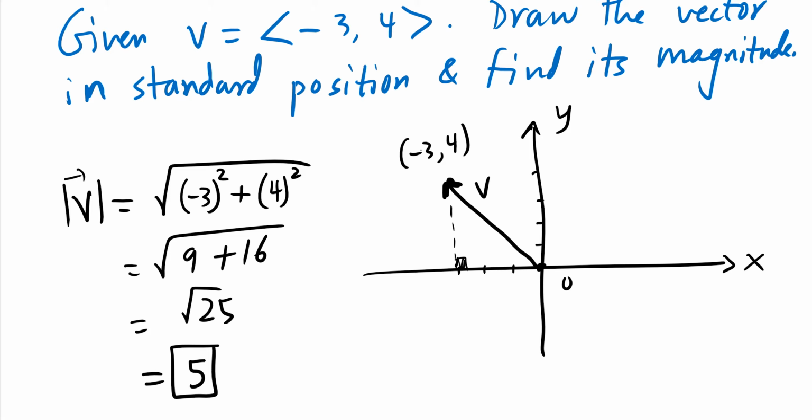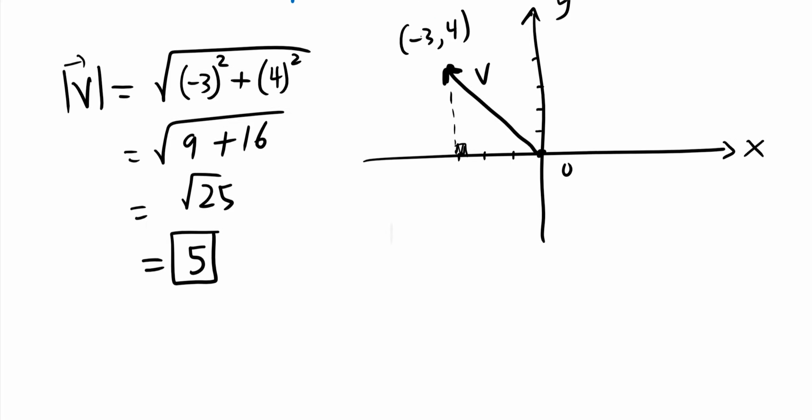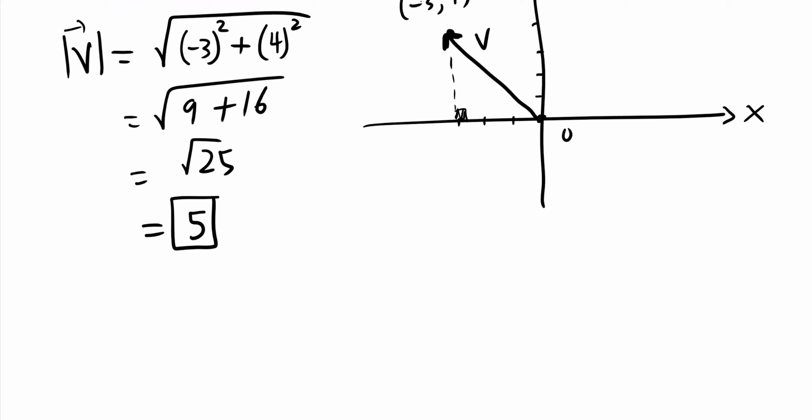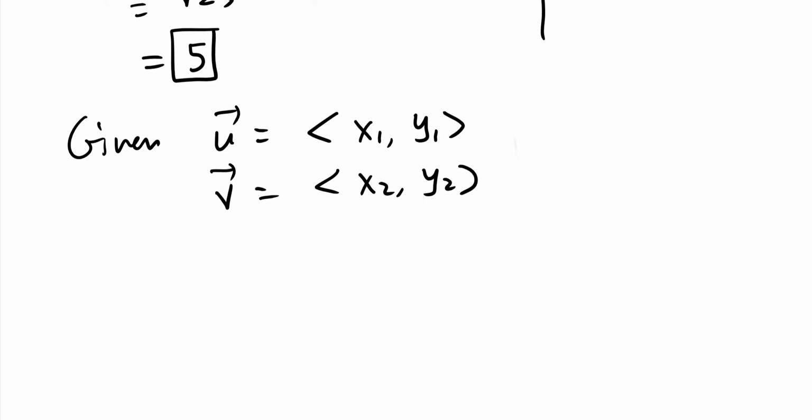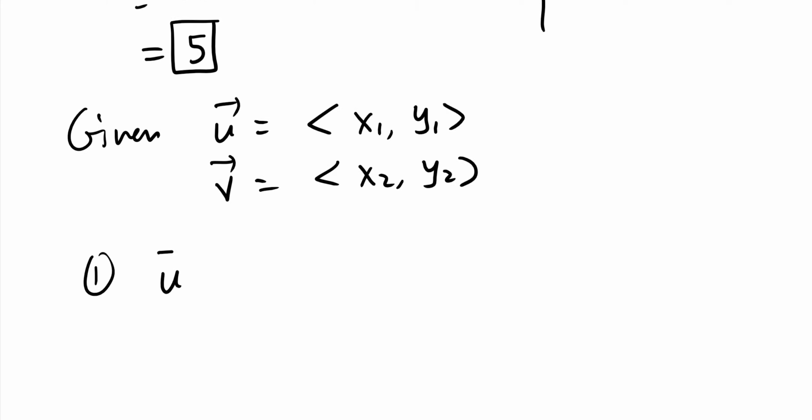What kind of algebraic operations can we perform on vectors? Let's say we are given vector u with components x1, y1, and vector v with components x2, y2. If I want to find u plus v, you add the x components and the y components.